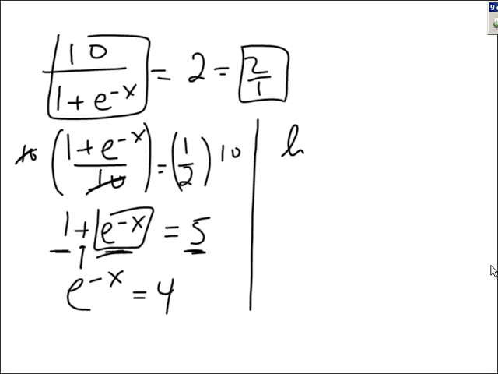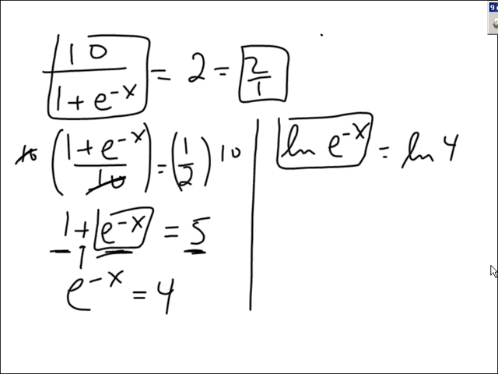So, if we take ln of the left side, and ln of the right side, again, start catching on: ln of e to anything equals that anything. This is just negative x.